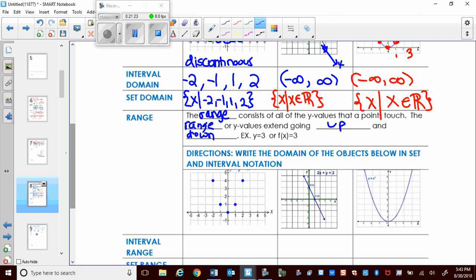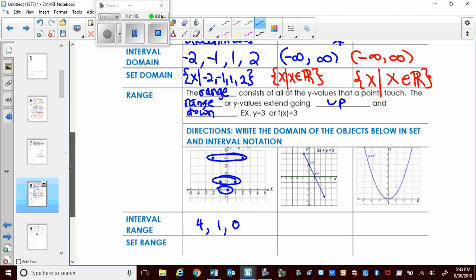It also equals 3. So we're looking at the range. That means we're looking up and down. We're not looking side to side. So here I have points at 4, 2 points at 1, and 1 point at 0. So my range is 4, 1, 0.